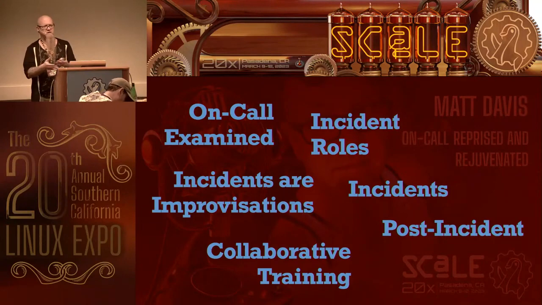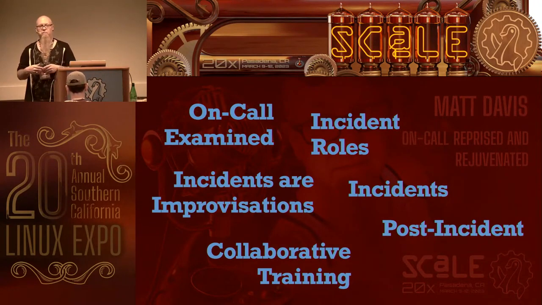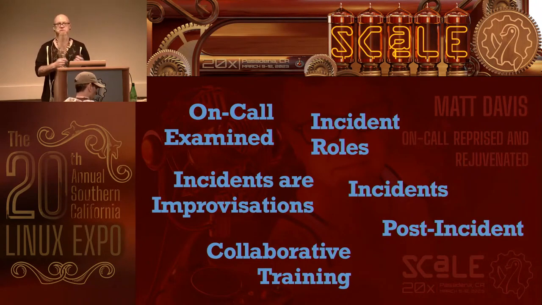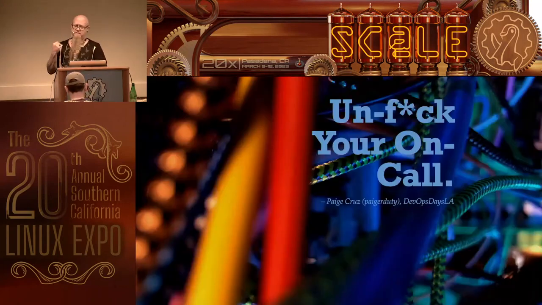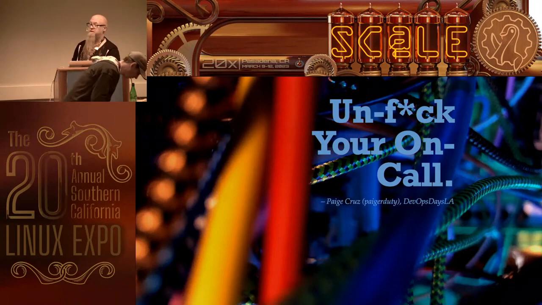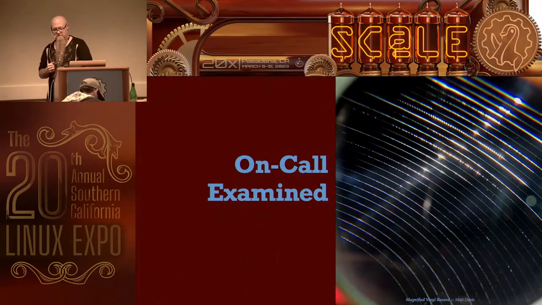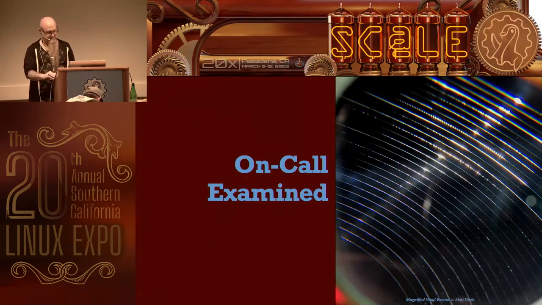Not the full training, because it's 8 hours of training, but a distilled version of what I actually trained the folks at Blameless to do on call. If you were at DevOps Days LA yesterday and you saw Paige Cruz's excellent talk, this was a big part of it, and I wanted to put it in here because this is what's happening. I'm going to help you do this, and by doing so, we are going to examine it.